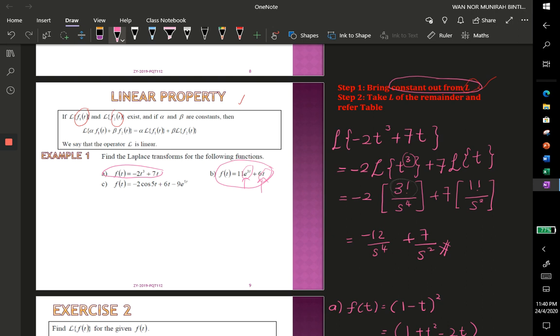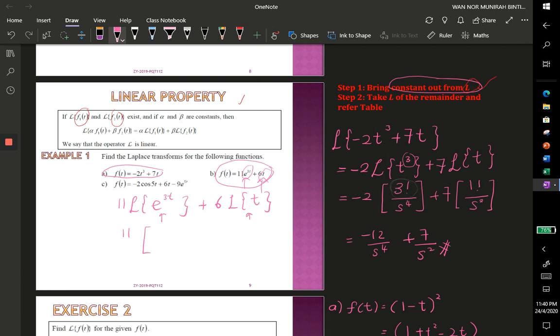So for this one, take the Laplace transform of 11e to the 3t: take out 11, so we have e to the 3t. Plus 6; 6 is a constant, so take the Laplace transform of t. Note that the exponential and t exist in your table of Laplace transform, so just refer to your table. e to the 3t, you can refer to e to the at.